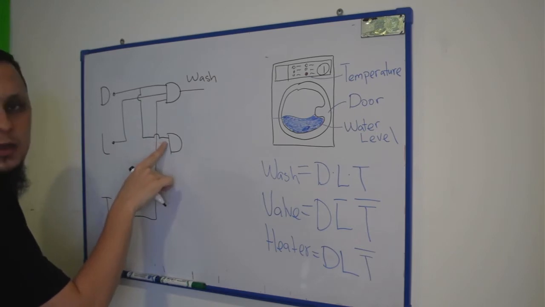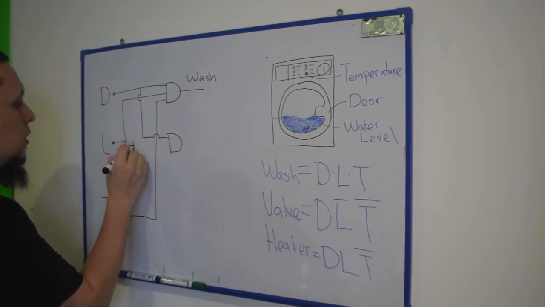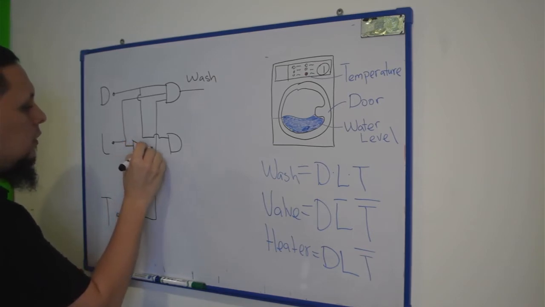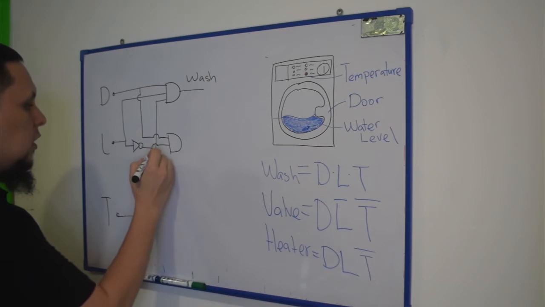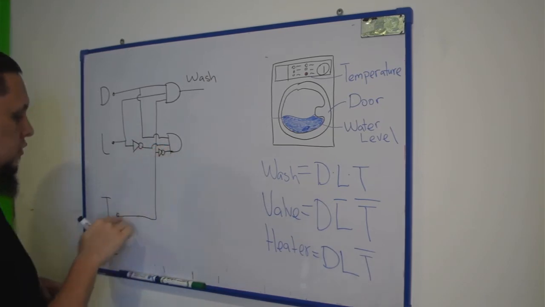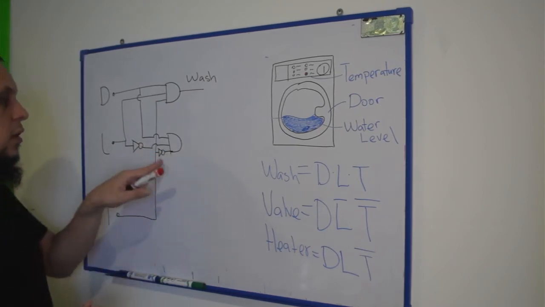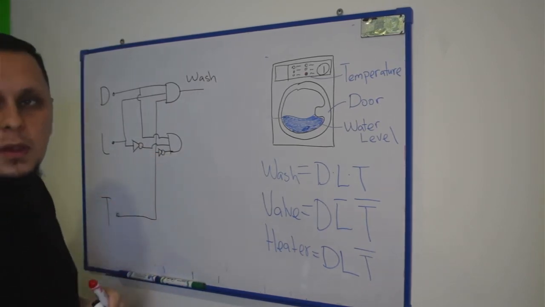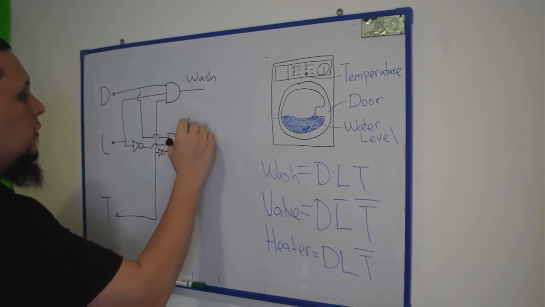Next is L complement, meaning this L will be complemented and then connected, and also the T complement. So T also will be complemented; we do the complement here and connect. So T is connected through the complement procedure. This is the output for the valve.